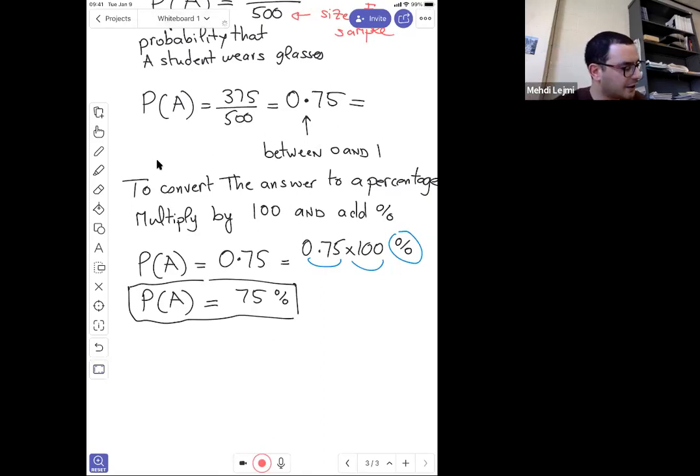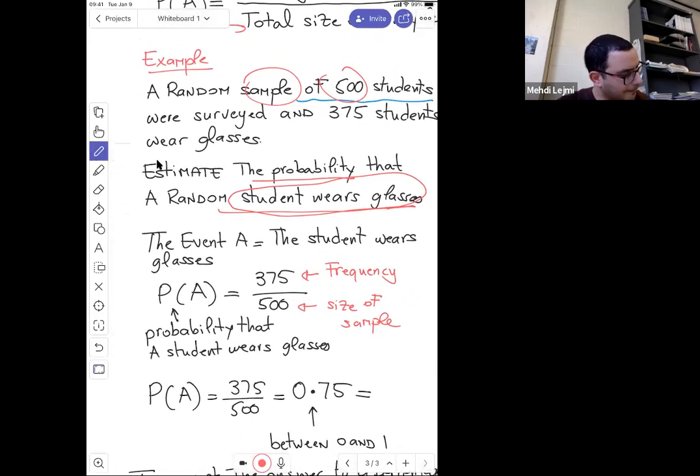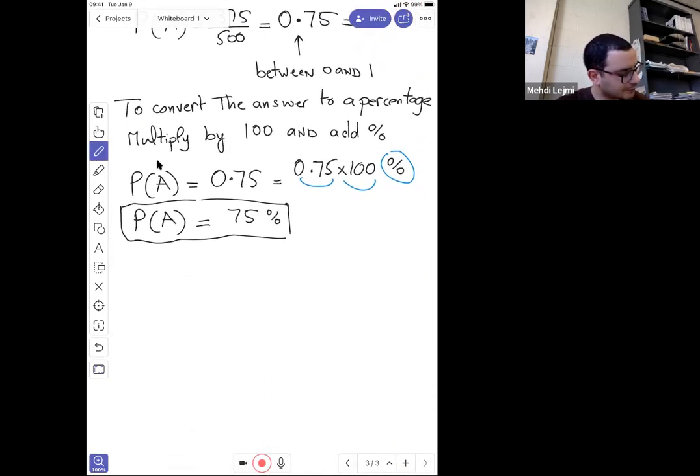Now, let's say you're gonna roll a die. So example number 2. Now let's say we roll a die.